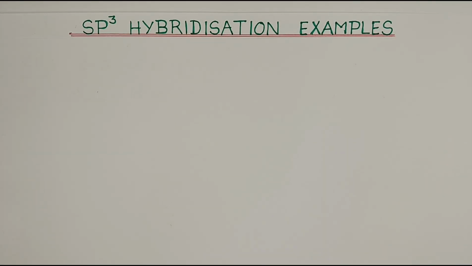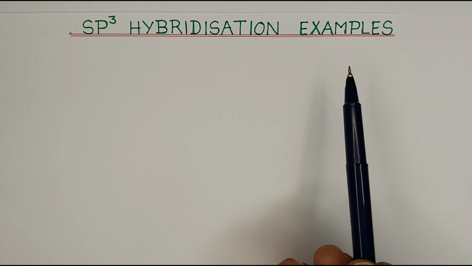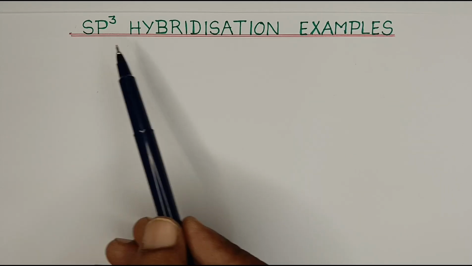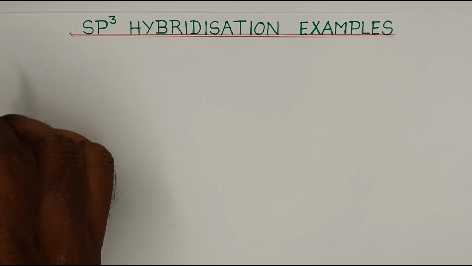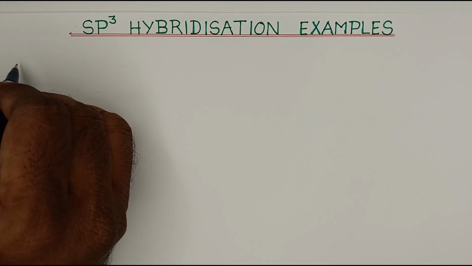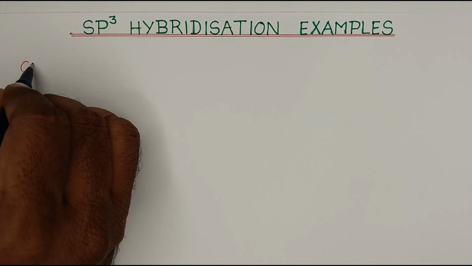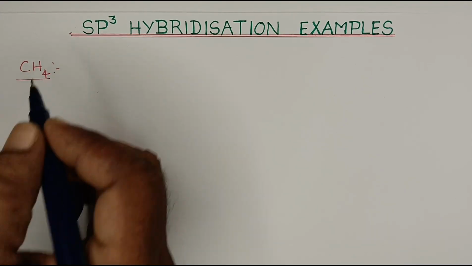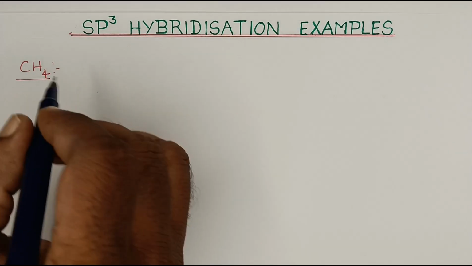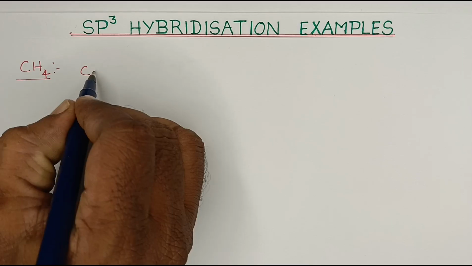Students, in this video, I am going to explain examples of sp3 hybridization. The first example is methane, CH4. In CH4, the central atom is carbon.